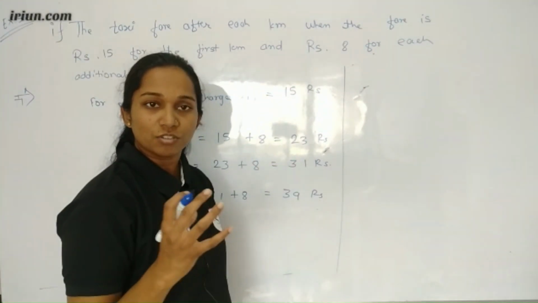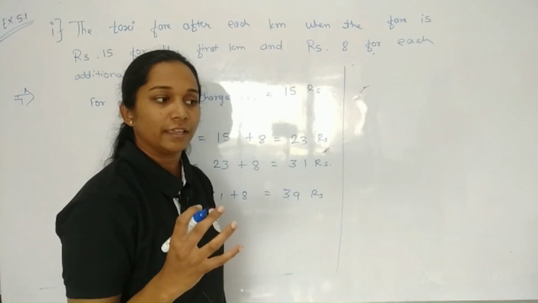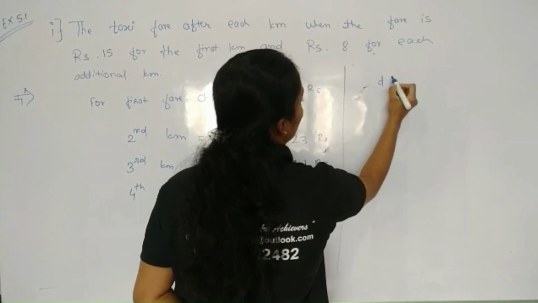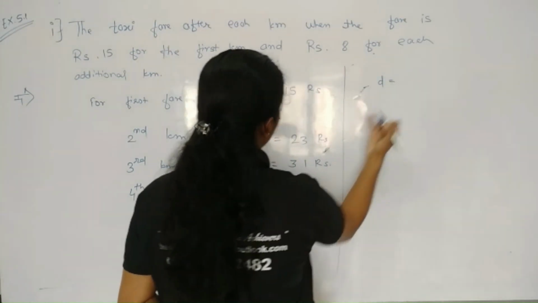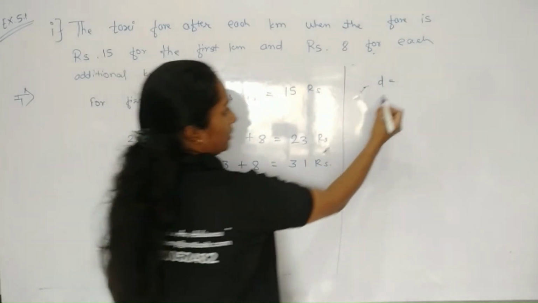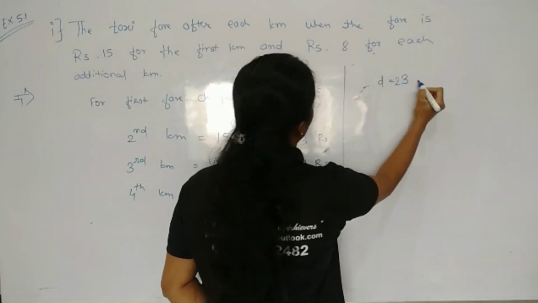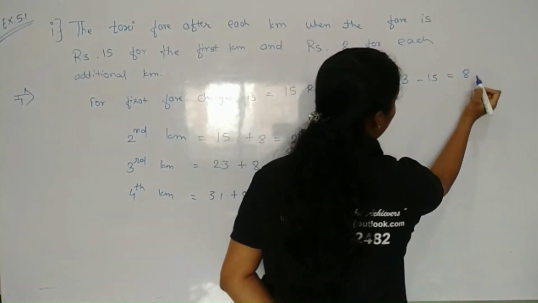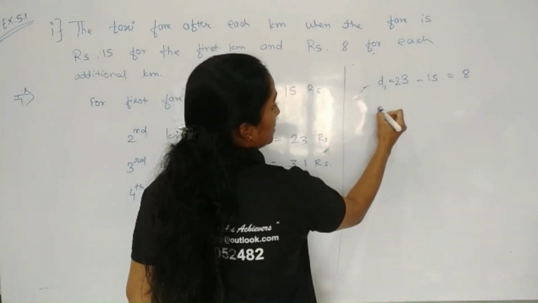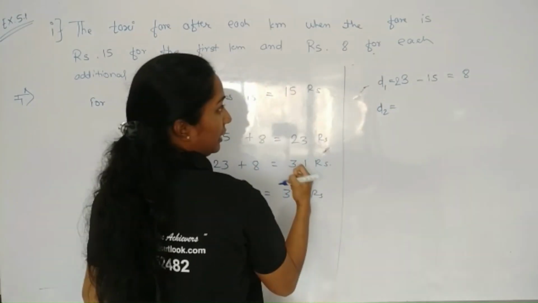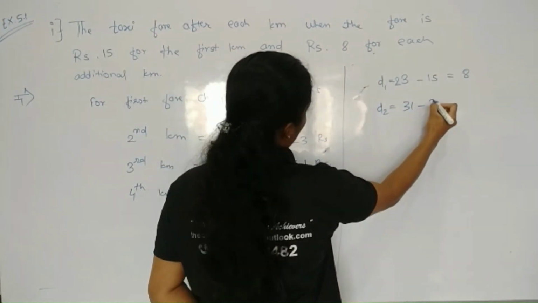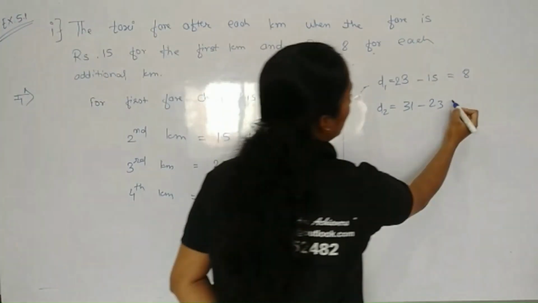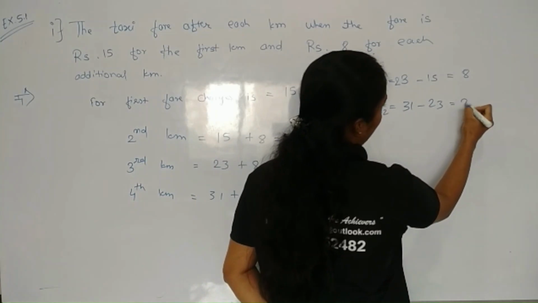If we have to cross-check whether it is an AP, we want a constant difference. How can we check the difference? The difference is the second fare minus the first fare, that is 23 minus 15, which is 8. The next difference is 31 minus 23, the third fare minus the second fare, which is 8 rupees.